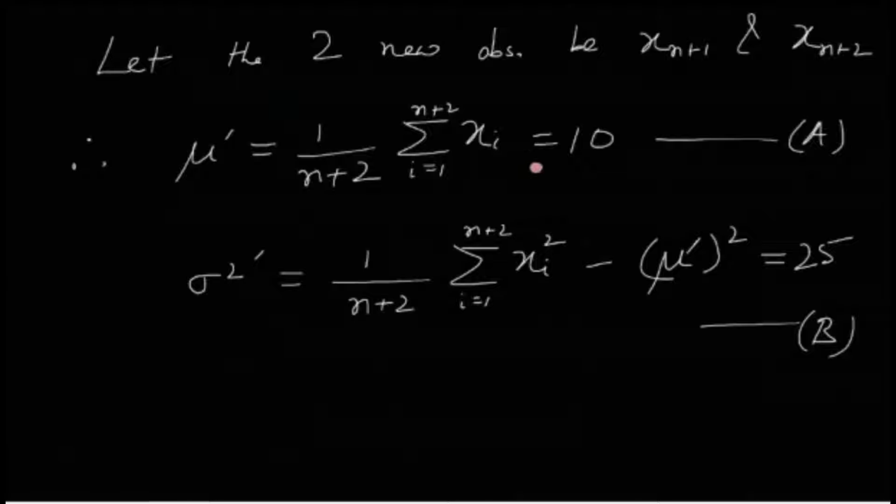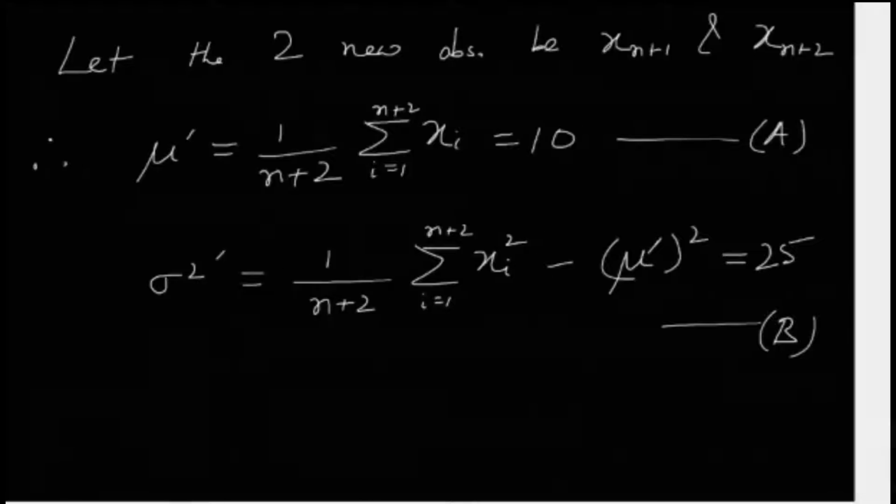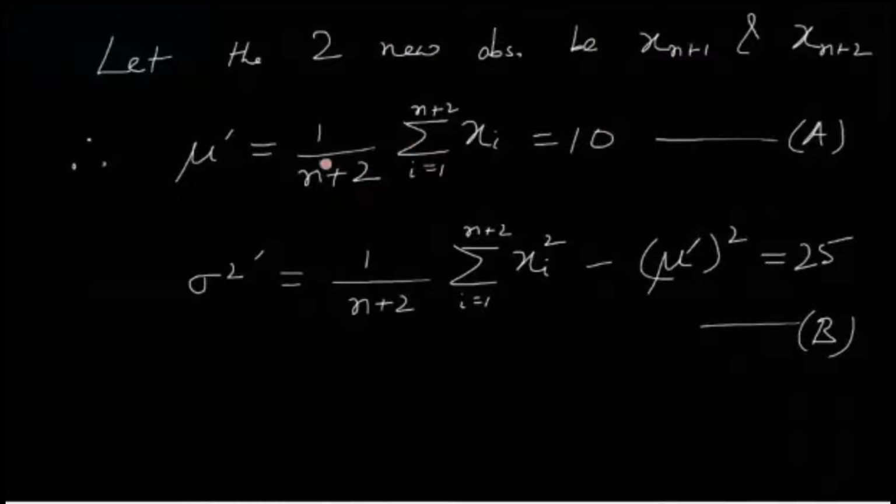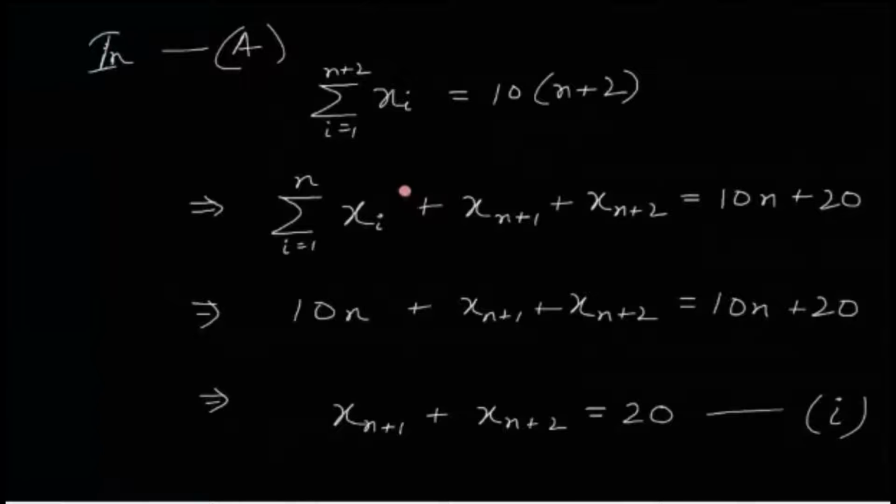So this is again 10, since the mean and the variance remain the same, and the variance is 1 by n+2 times summation xi square i running from 1 to n+2 minus mu prime square. Again, this is 25. Now, from this particular equation A, we have summation xi, i running from 1 to n+2, is 10 times n+2, just taking this n+2 term to the RHS.